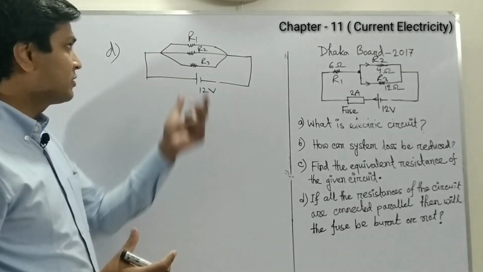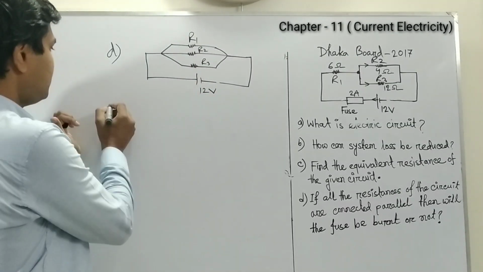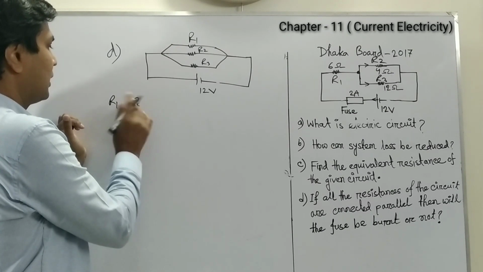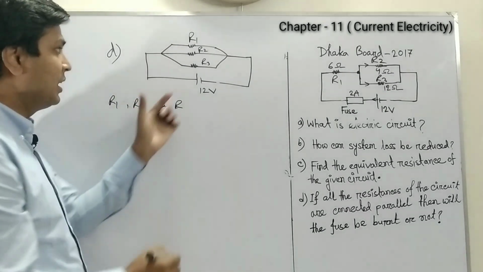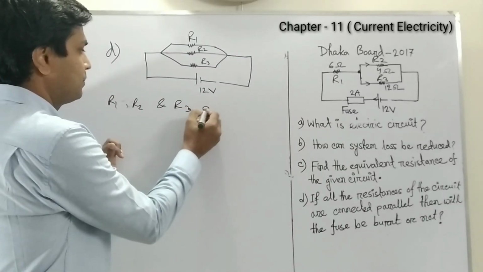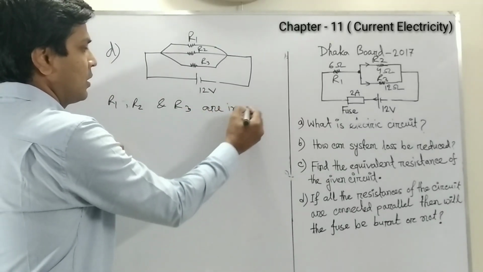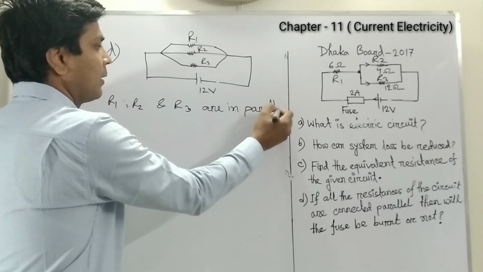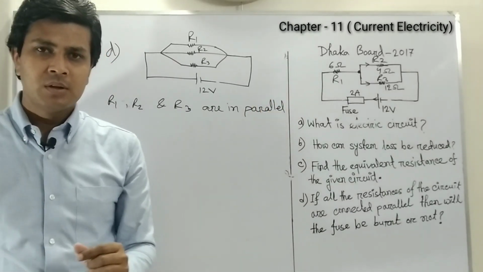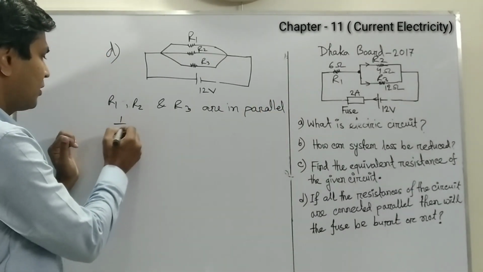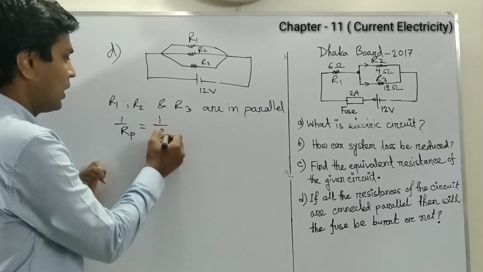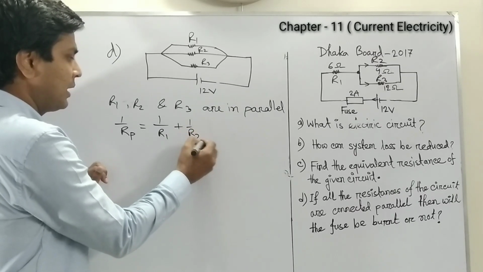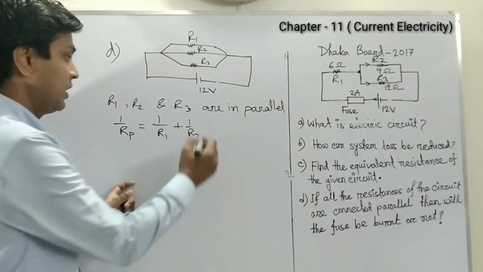R1, R2 and R3 are in parallel, so 1 by Rp equals 1 by R1 plus 1 by R2 plus 1 by R3.